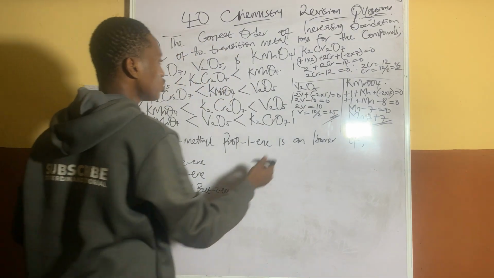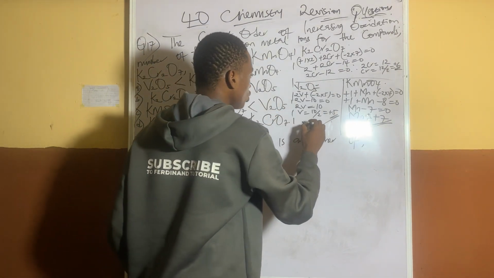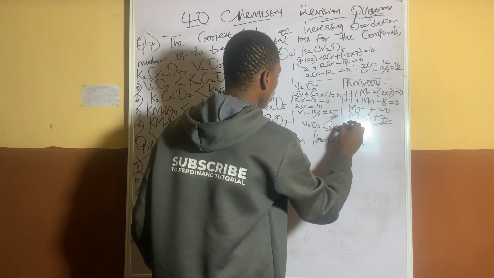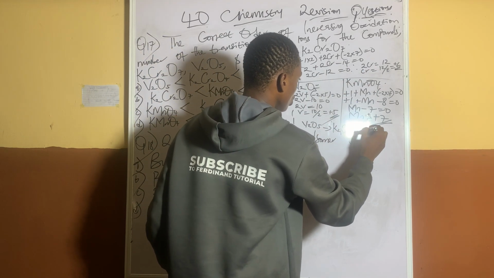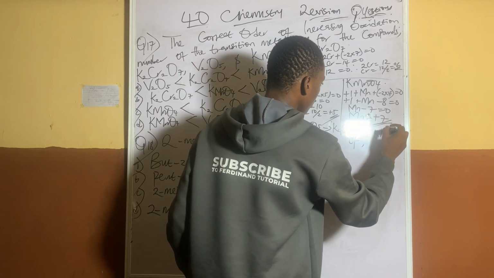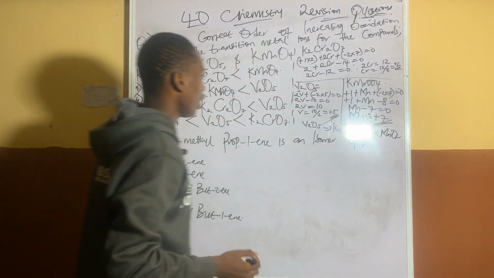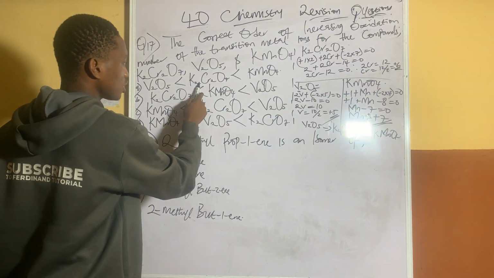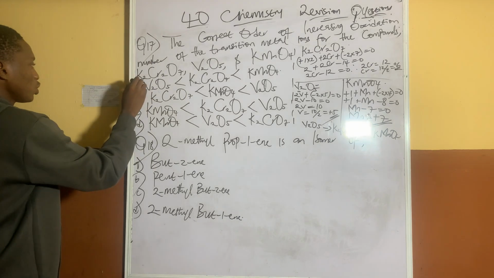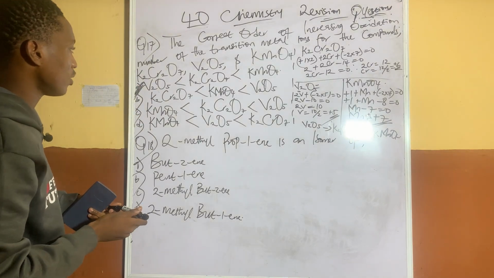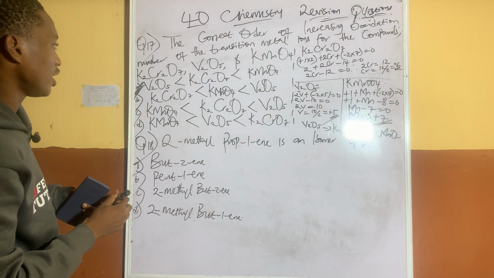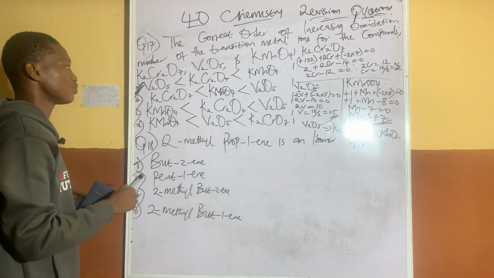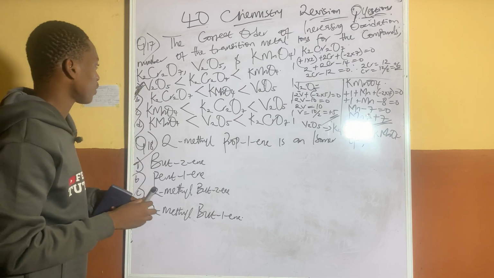So the order is V2O5 to K2Cr2O7 to KMnO4. The option is A. Are we together now? I don't know if you are getting what we are doing here. If you're not following, ask a question now. Good. So the correct order follows option A.